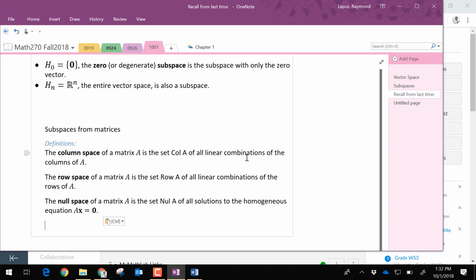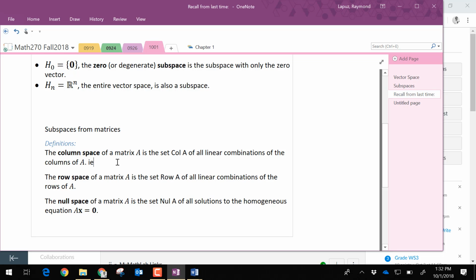If you take a look at a matrix and just look at the columns, then all the linear combinations of those columns will generate a space. So what's another phrase for saying all linear combinations? Span.